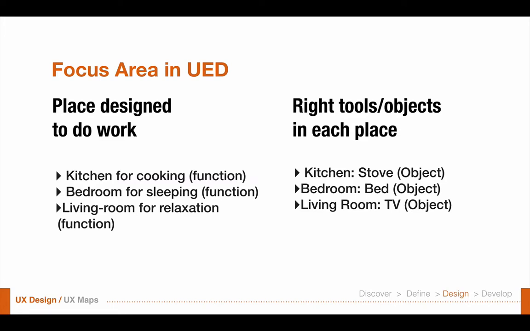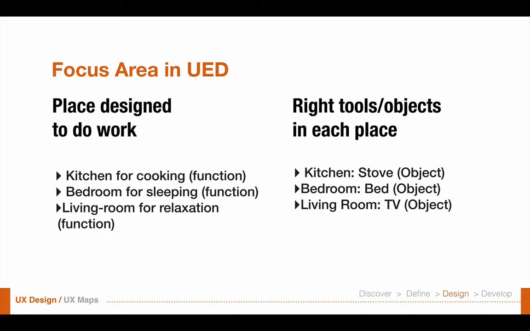Let's take an example, designing a house, like a floor plan. In the house, we have a kitchen for cooking, which is a functional space, and a bedroom for sleeping, which is also a functional place, and then a living room for relaxing and socializing. That is also a function for doing certain work.